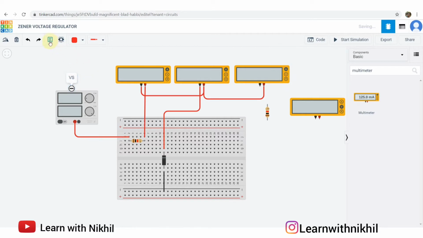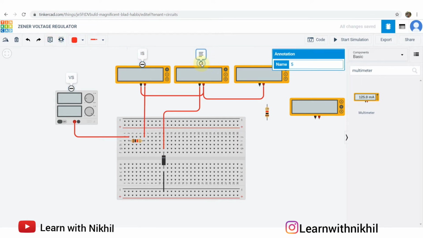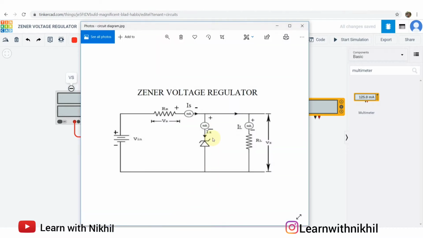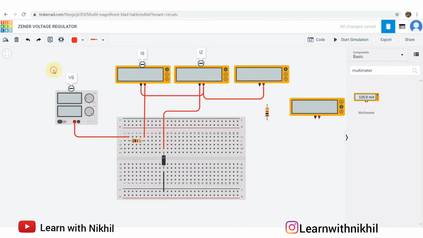This is VS. This is IS. This is IZ. This is IL. Finally, this is IL, that is load current.